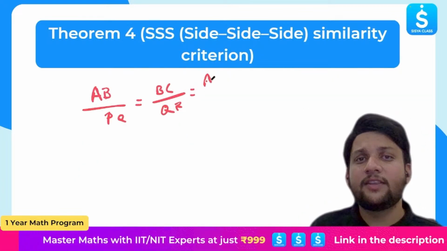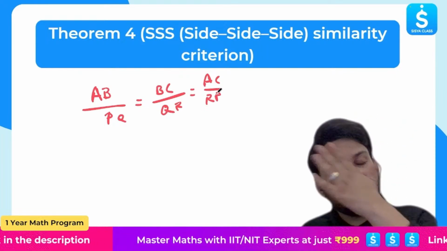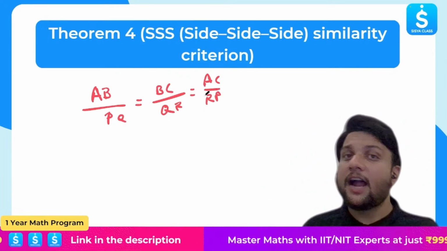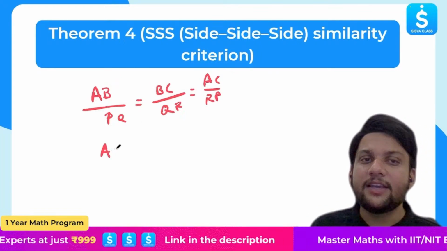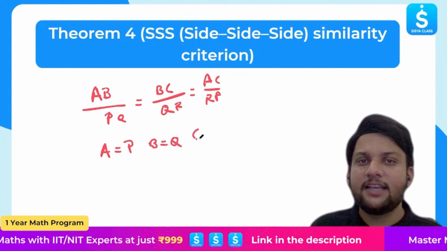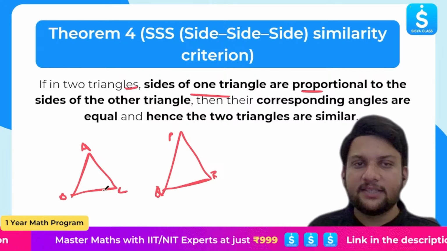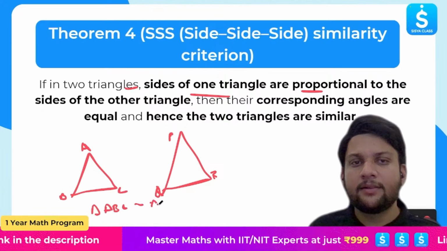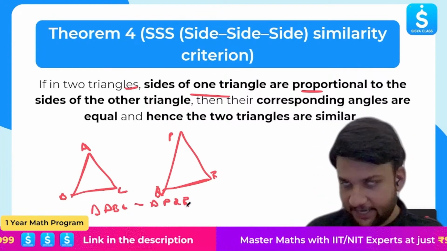So if we have this condition given, then, as we studied previously, if the three angles are equal the sides are proportional, and if three sides are proportional, that means the angles will be equal: A equals P, B equals Q, and C equals R. And again, we can say that triangle ABC is similar to triangle PQR. This is called side similarity.